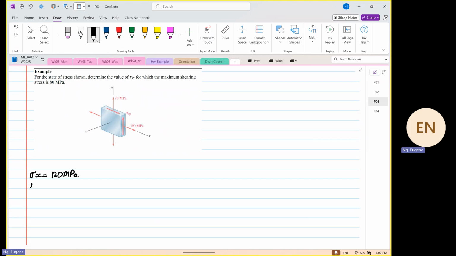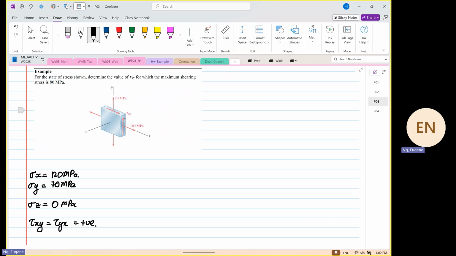We know that stress Y is equal to 70 megapascal. And we are aware that stress Z is equal to 0 megapascal because there's no stress in that direction. And we know that shear XY is equal to shear YX, and this has to be positive shear.